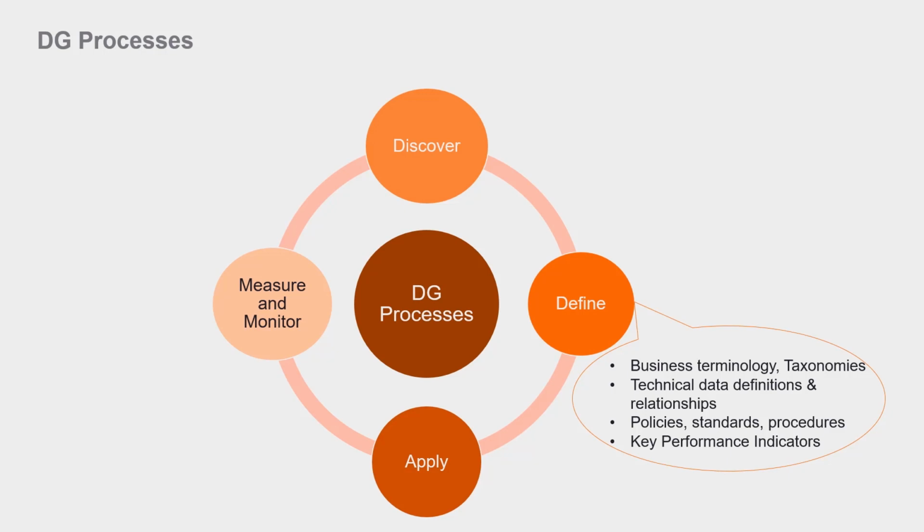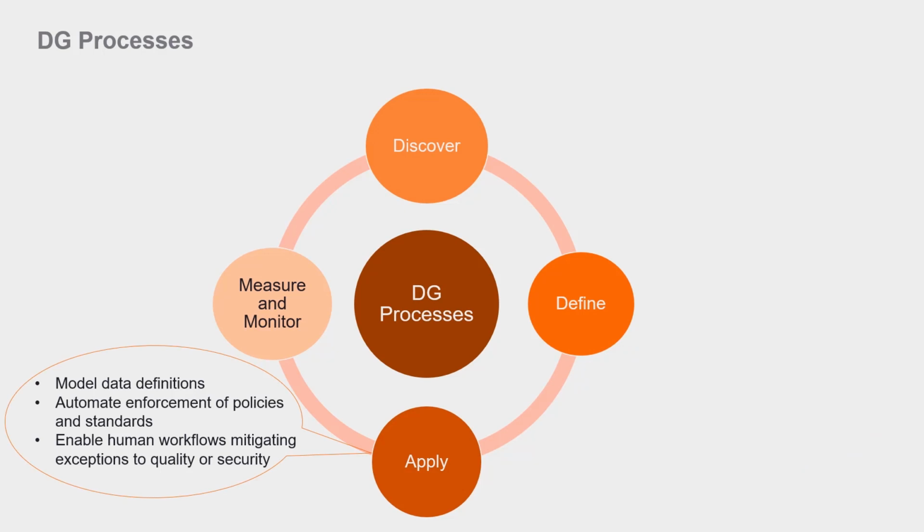And then they work to define the policies, rules, standards, and procedures to keep data with the right level of quality, and some key performance indicators as to how to measure that. We will talk about those measures in a second. The third phase, the longest phase, is the application phase, you could call it the development phase. You would implement or model those data definitions.